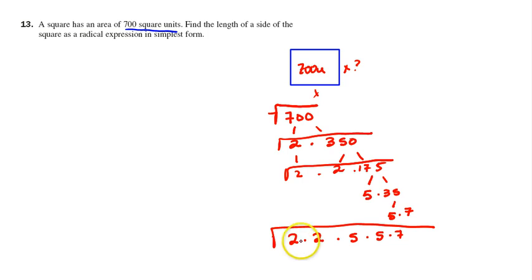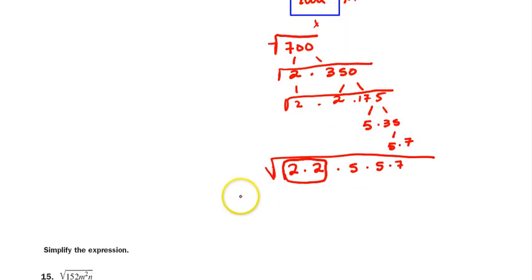Right? Now, I know that 2 2's, or 2 squared, is the inverse of the square root. So that means that I can take a 2 out. So it's like I have the square root of 2 squared times the square root of 5 squared times the square root of 7.